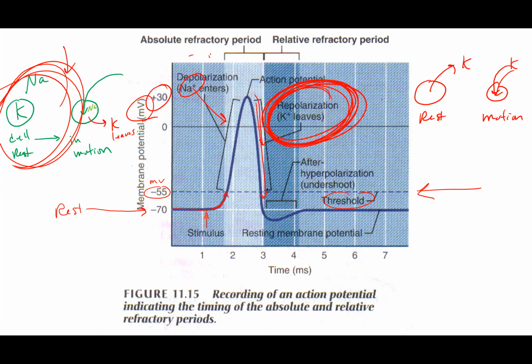Then you get this thing called hyperpolarization, where it actually dips down below negative 70 millivolts. And then it goes back to the resting membrane potential at negative 70. When you give it enough electricity, it'll go up to negative 55, and then boom, boom, starts all over again. All right.